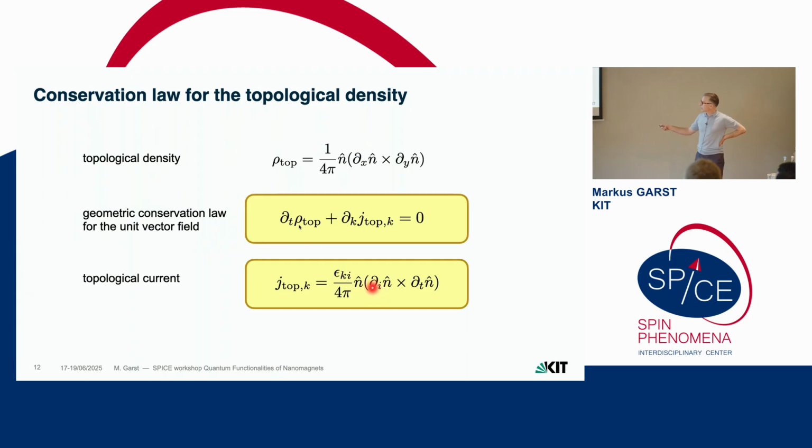This topological current is essentially a mixed derivative of space and time: two space derivatives and one time derivative. You just reshuffle them, and you get the same thing. So this has the form of a conservation law.